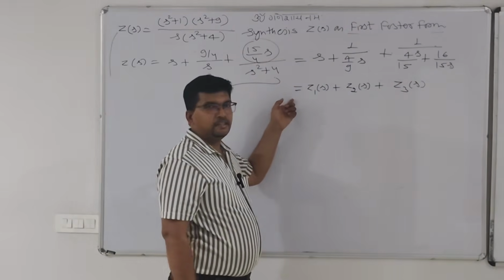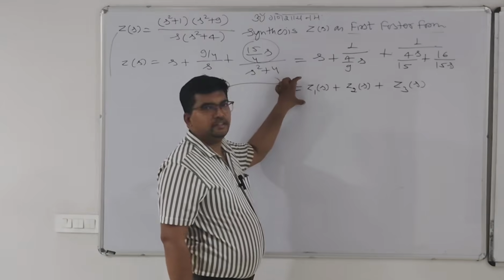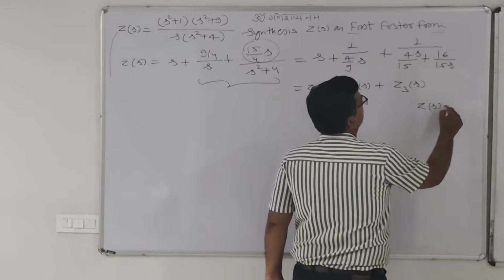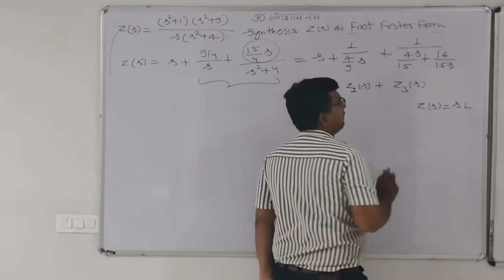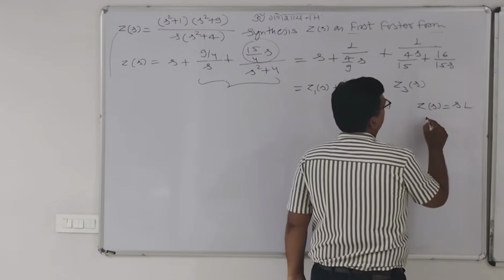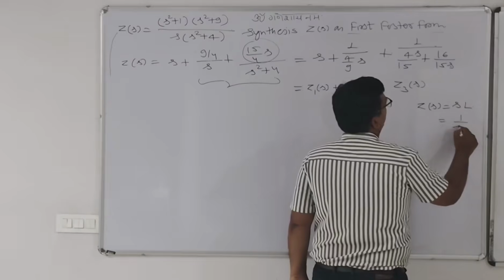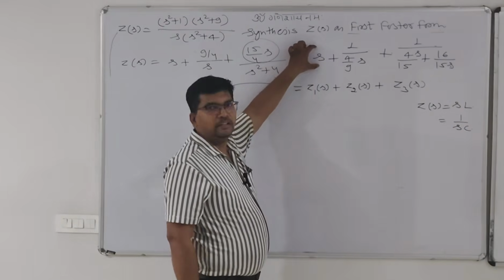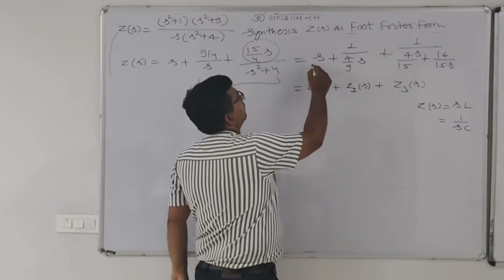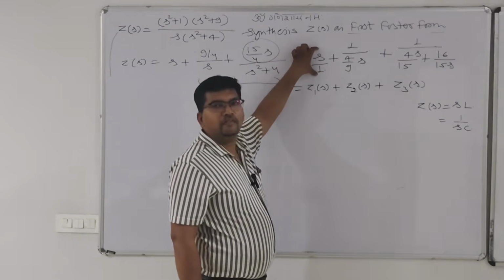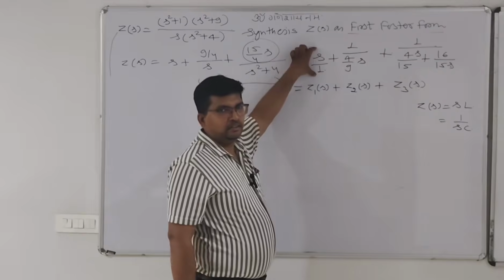Now we have already discussed in the positive real function that for an inductor, the transform network is SL. For a capacitor, the transform network is 1 upon SC. So when the numerator is S and the denominator is 1, this will always represent the inductor.